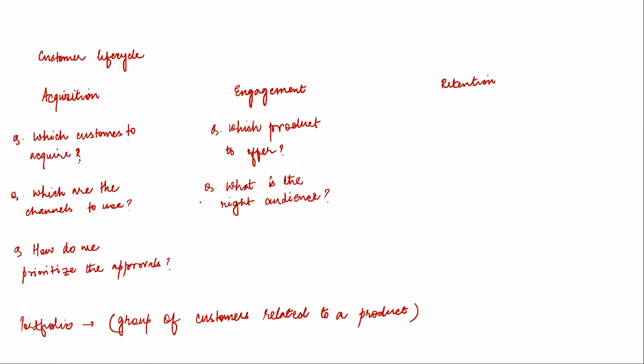What's the right audience? Should I only look at people who are likely to respond to my offer and call them my right audience, or should I also keep in mind that the bank is looking to make money? It's not just about taking up a particular product, but also about being profitable for the bank, right? The way we answer this question determines our engagement strategy or our cross-sell strategy.